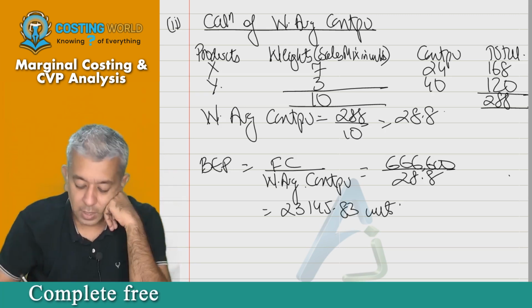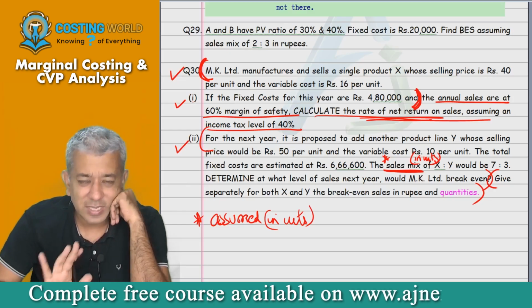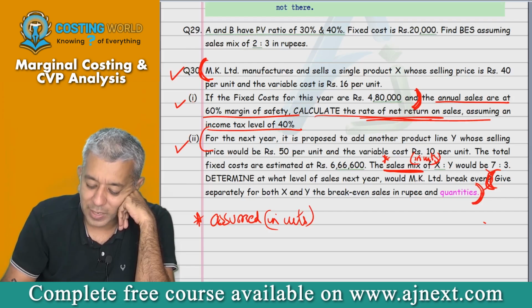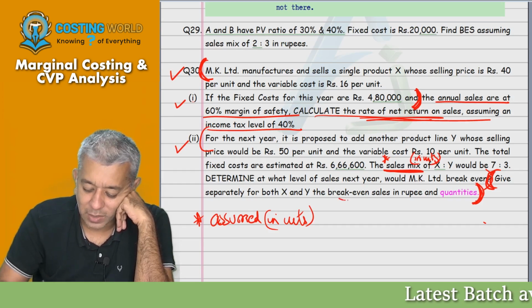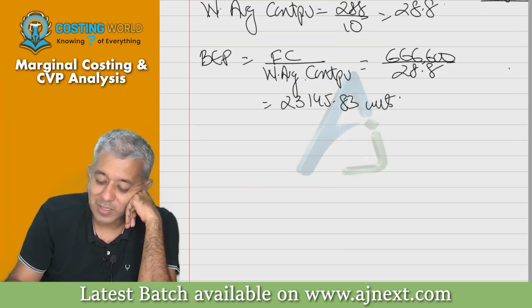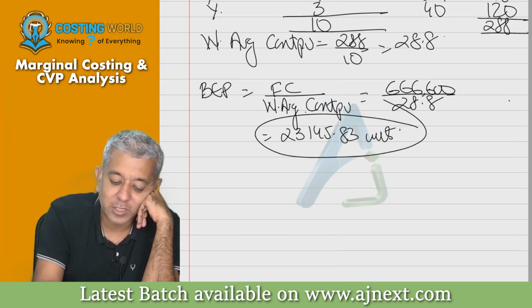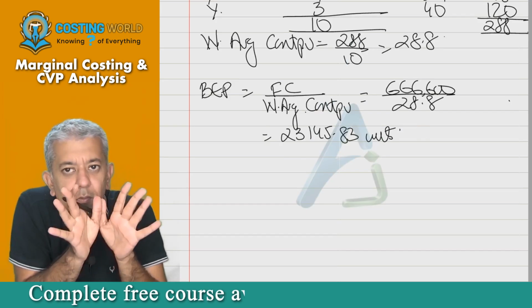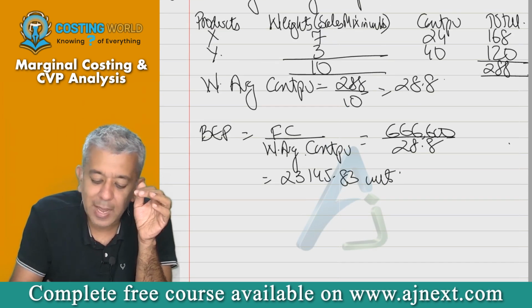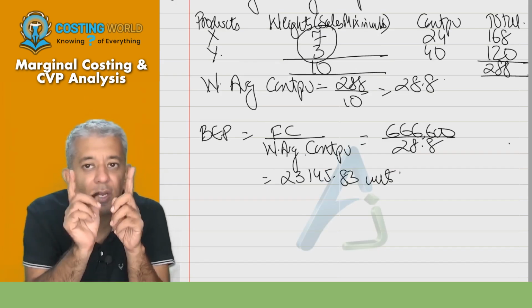Now, see. Just one last line, and this is easy. Don't mess it up, please. Give separately for X and Y the break even sales in rupees and units. Can we say this is break even point for the company as a whole? Yes. Can we say whenever sales will happen in units, it will happen in the ratio of 7:3?